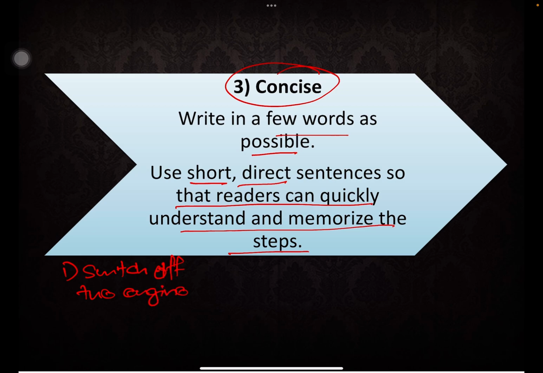So people know by now the first step that they need to do before replacing the flat tire is to switch off the engine. Number 2, pull the handbrake. Make sure that the words that you are using are concise according to the context.